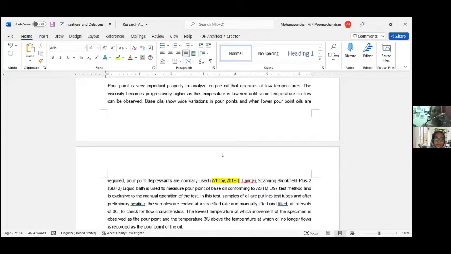When we first release our oil upon manufacture, it will have a specification. So when we test back the used oil, we expect that the pour point depressant in the used oil should have depleted, so we check on all these things. So we will do the pour point to see whether it is depleted or not. If it is depleted, it may also be the cause for the oil becoming viscous.